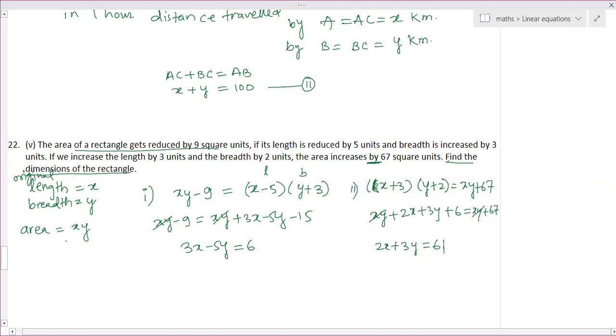And we know area is length into breadth, that is x minus 5 into y plus 3. This is the new area. How much happens to the new area? The area of the rectangle gets reduced by 9 square units. So that means original area minus 9, that is xy minus 9.